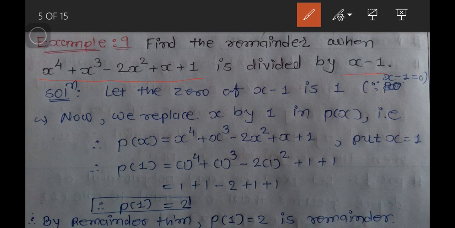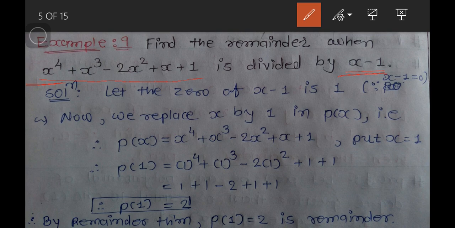Here you can see that the degree of our given polynomial p of x is 4, and here the divisor has degree 1. So we can divide p of x by x minus 1. So we can use the remainder theorem here.